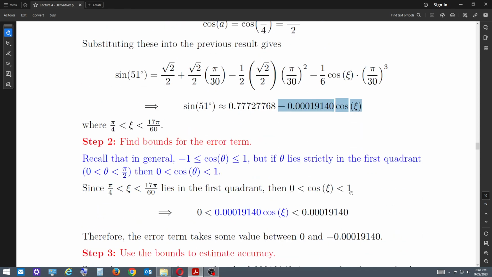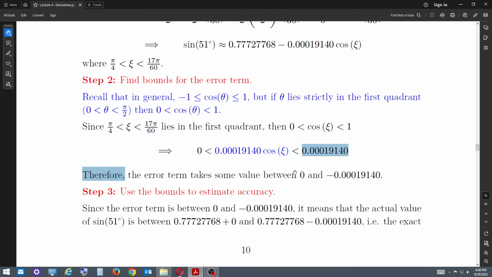So once again, cos of xe lies between 0 and 1. Now I need to multiply by this number, and note that there's a negative sign here. So after I multiply, my error term lies between 0 and the negative of this value, because of the negative sign. Well, negative 0 is still 0. So these are the bounds for my error term.